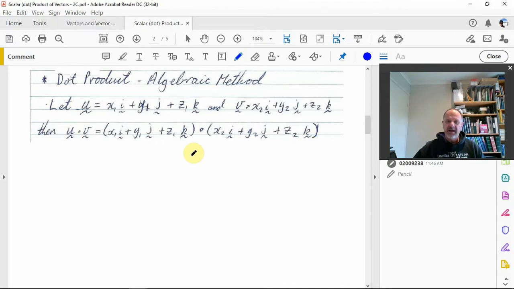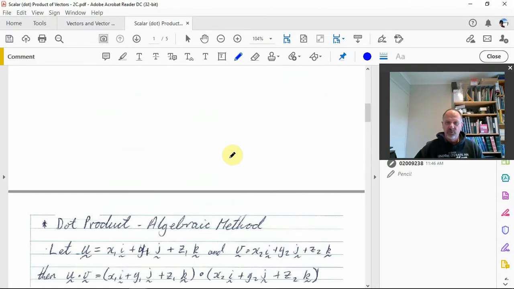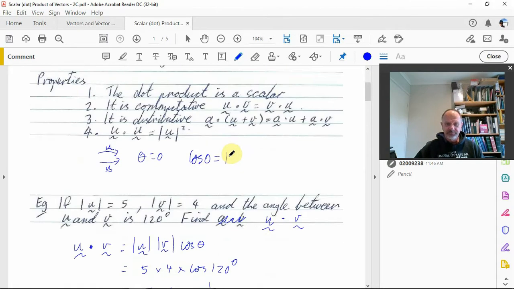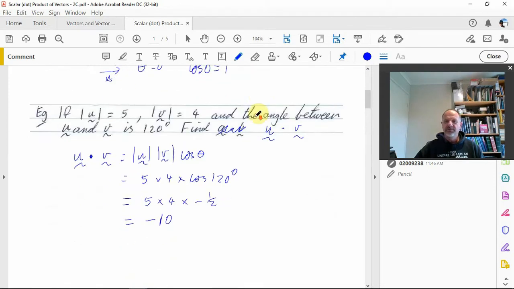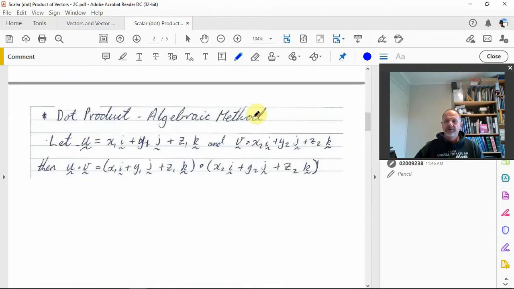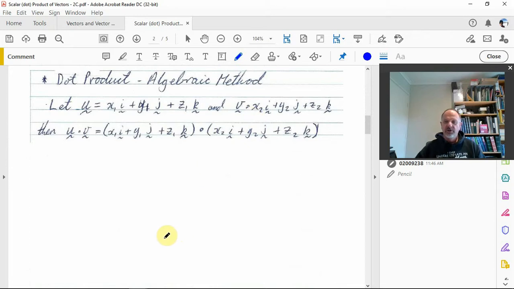Now, if we head back to the distributive property, we multiply those in, just like normal expansion. I'm just going to do the first bit.